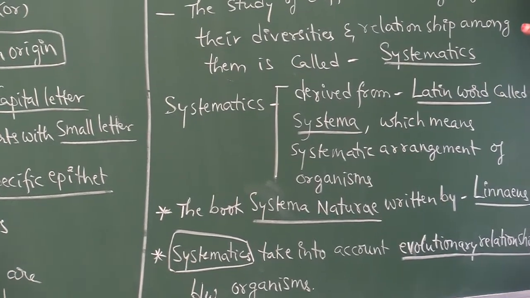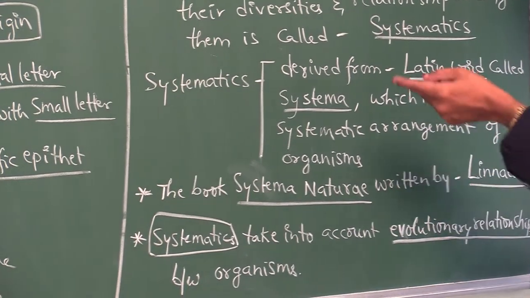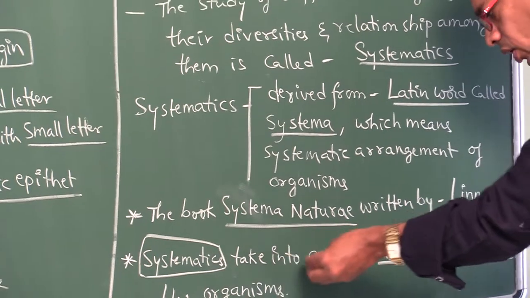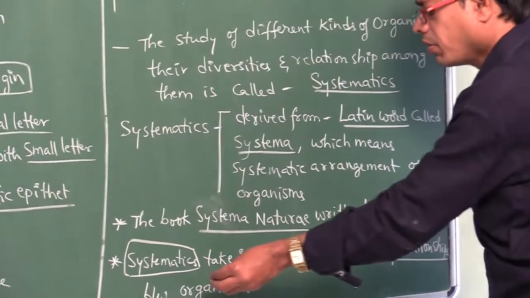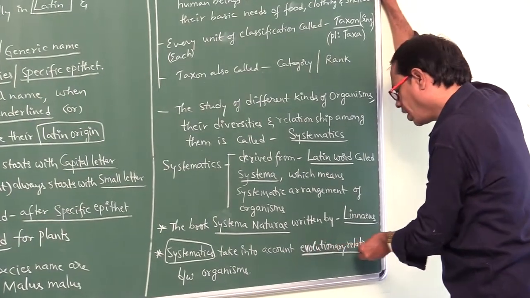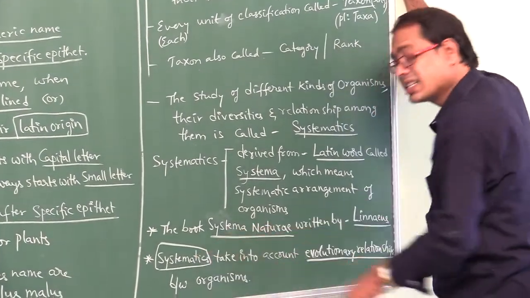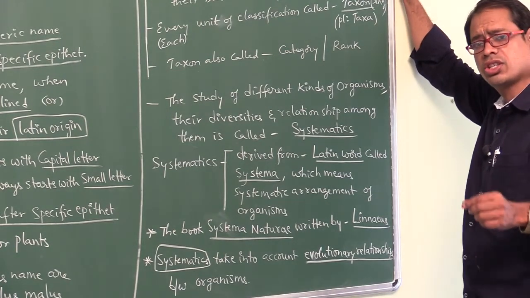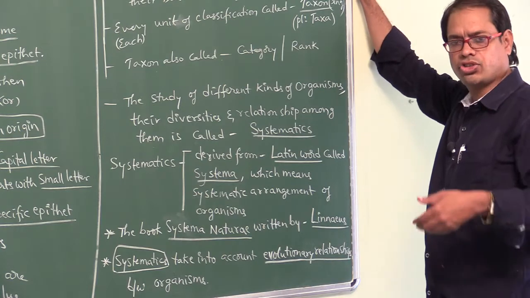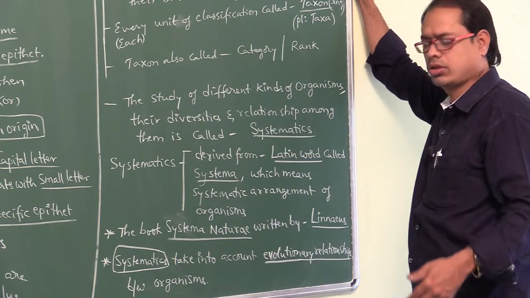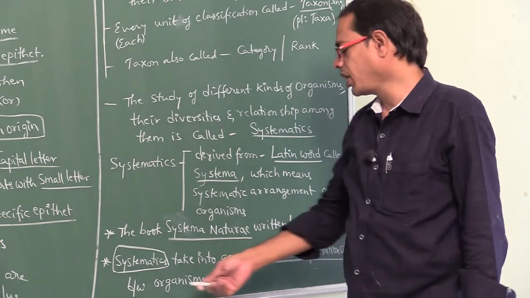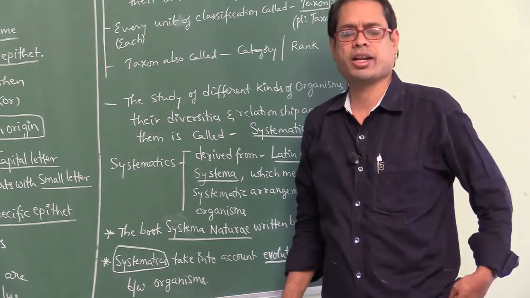Next, systematics takes into account evolutionary relationships between organisms, which are primitive and which are advanced.